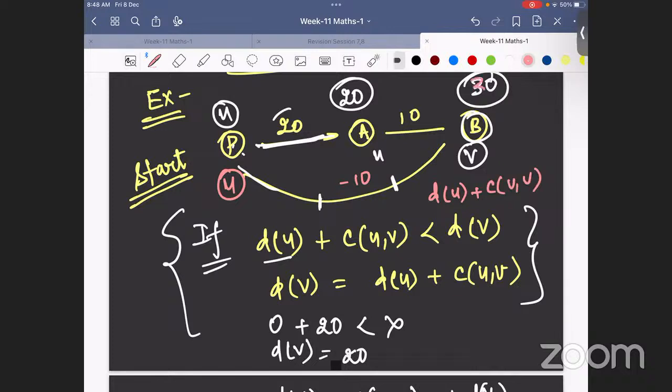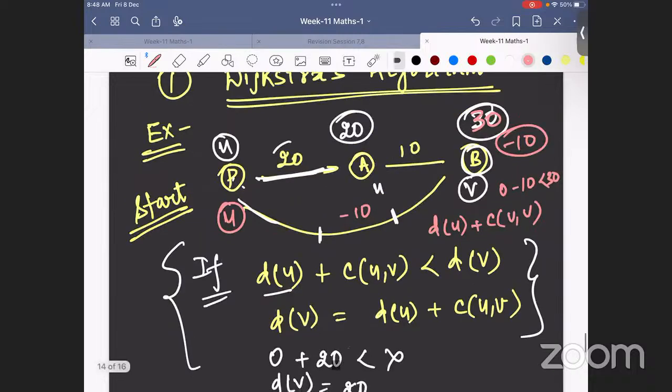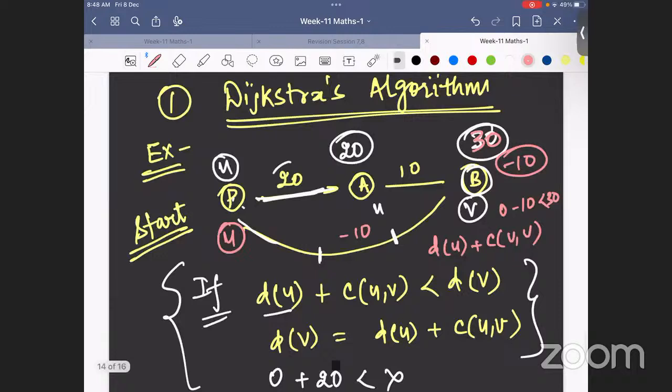So if you are updating it as 30, this will be 0 plus 0 minus 10, which will be less than 30, right? So this will be minus 10. Even though you are updating minus 10, if you come here again, 0 minus 10, every time this value will come up lesser than the previous one, right?